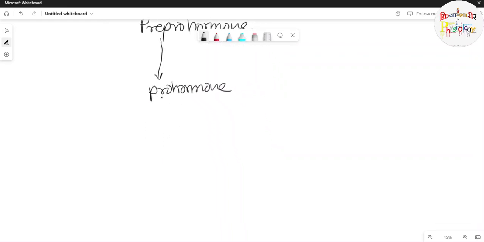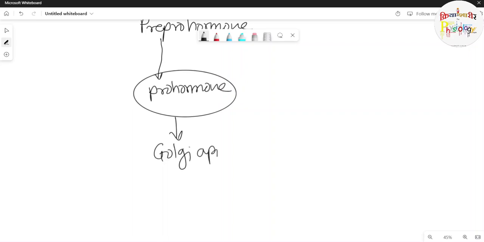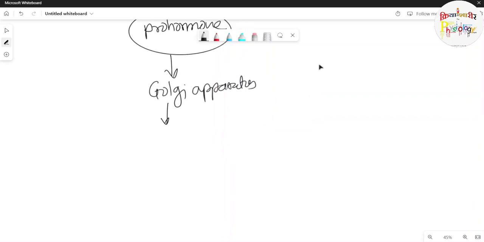This prohormone is transported to the Golgi apparatus. In the Golgi apparatus, the prohormone is converted into hormone. We know that the Golgi apparatus is the packaging unit of the cell, while the endoplasmic reticulum is the production unit.